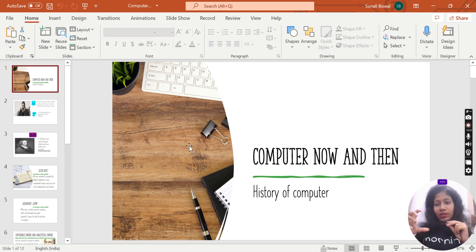Appearance also changed: we can customize the color and size, and it looks like a cute box. So many changes have come from the past to today, and the computer has developed.